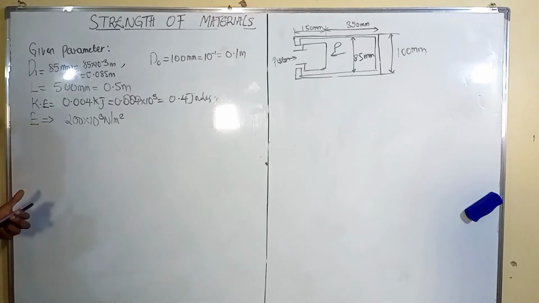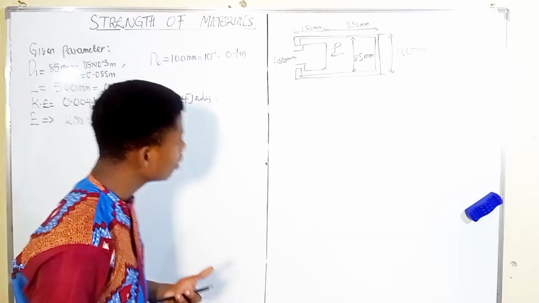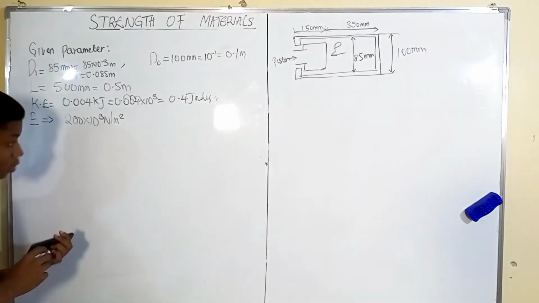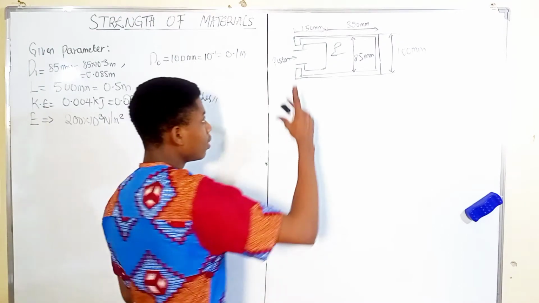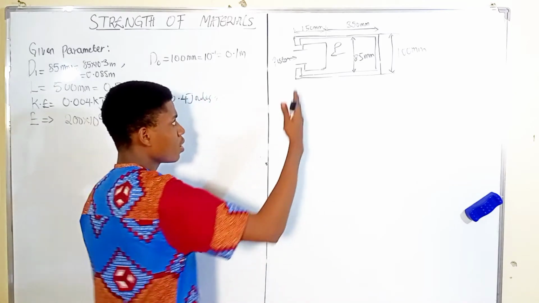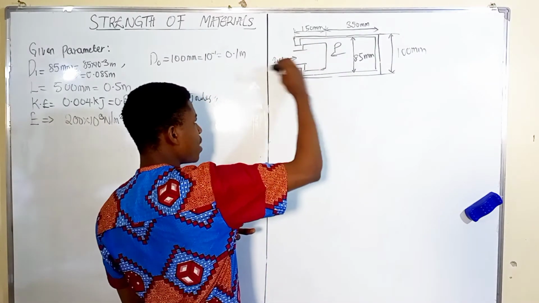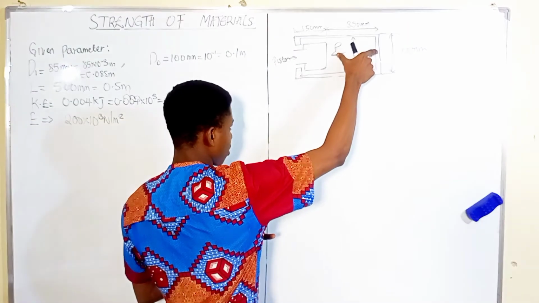So it's very, very important to calculate the length of the stroke or the stressed part. Now take note, the length of the stressed portion of this cylinder is this length that is going through movement. So take note, this has been stressed.